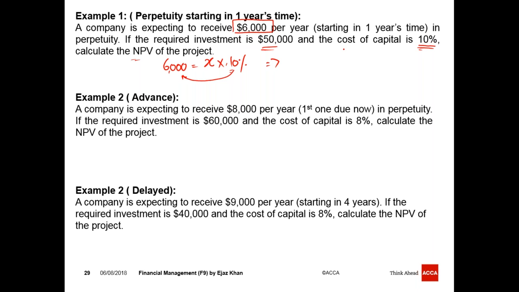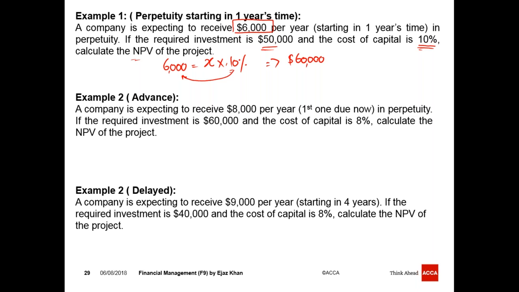So can I have the value of X? Yep, $60,000. Yeah, excellent. So it means that if this company invests $60,000 in this project and takes 10% of the 60,000, which will be equal to 6,000, it will be generating 10% per annum.